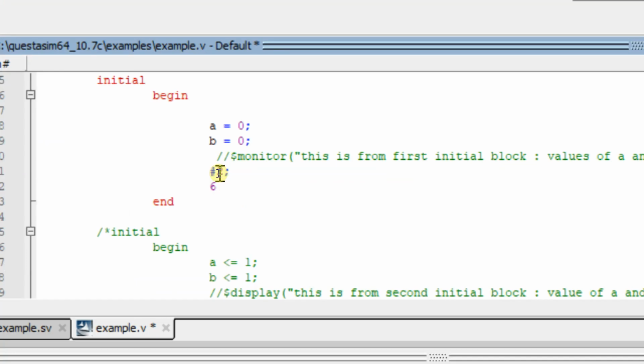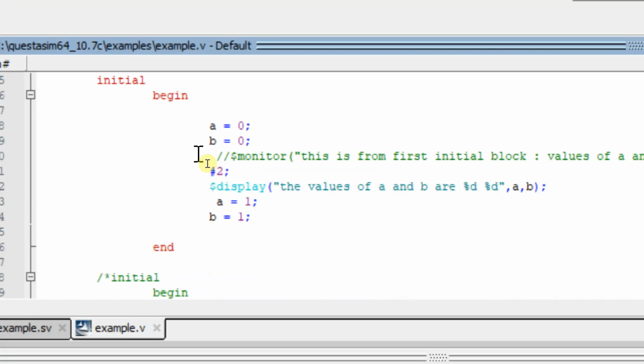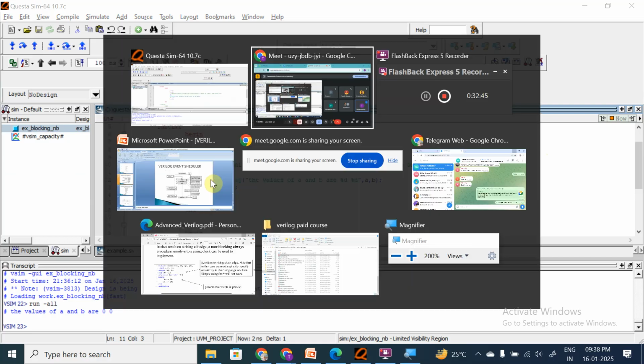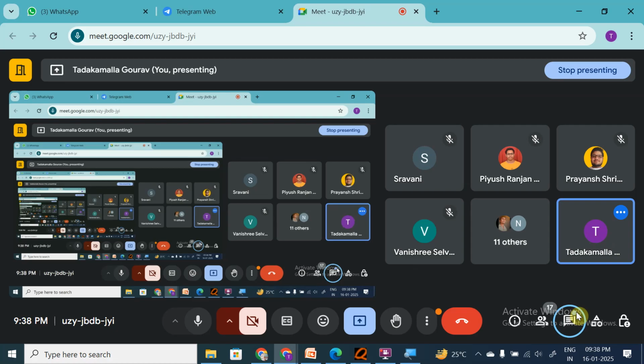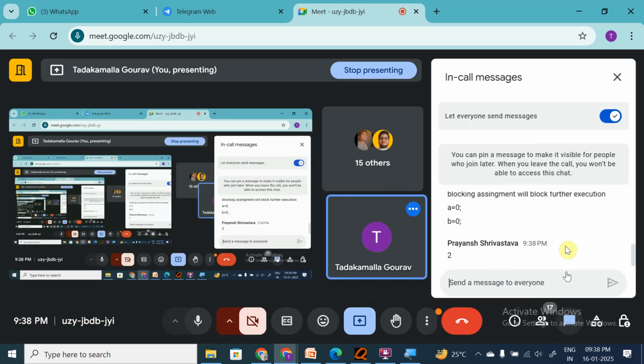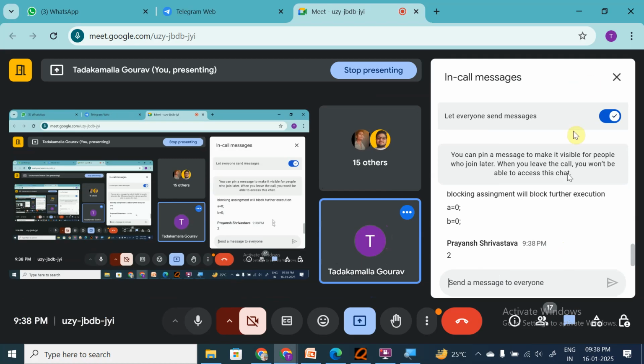Okay. So this T is equal to 2 is the time slot for everything, and this is T is equal to 0. So in this particular time slot, before the assignment, we have used $display. So that's why we are getting like this. Is it clear?